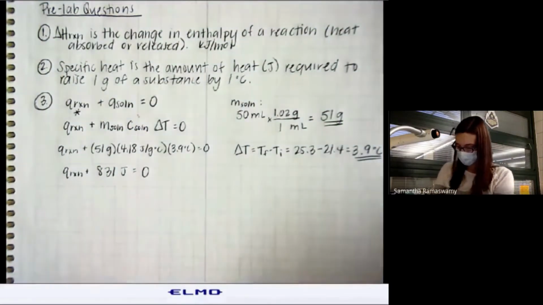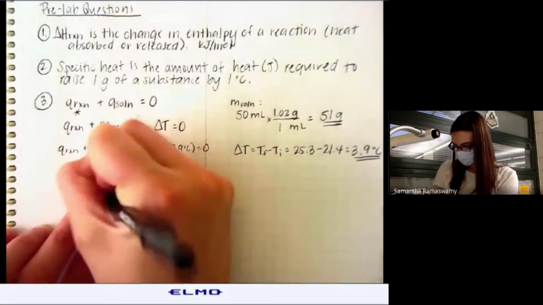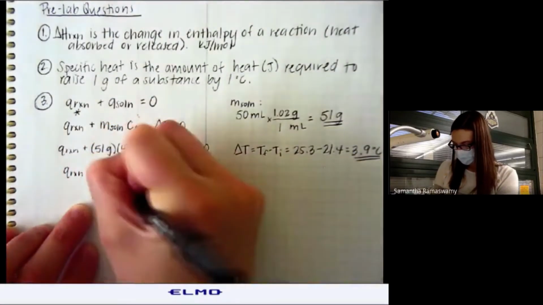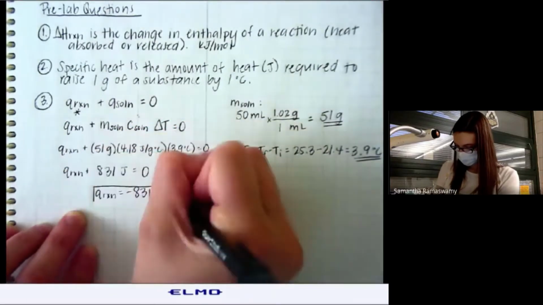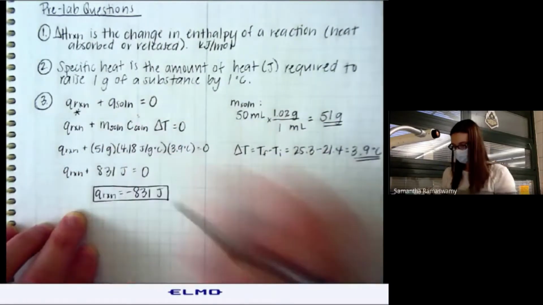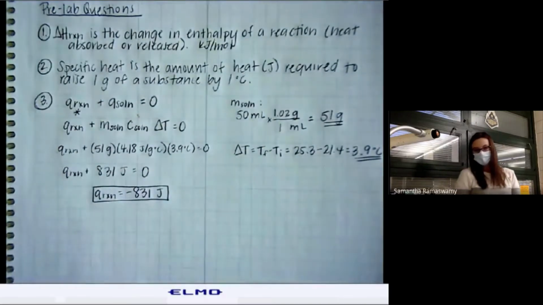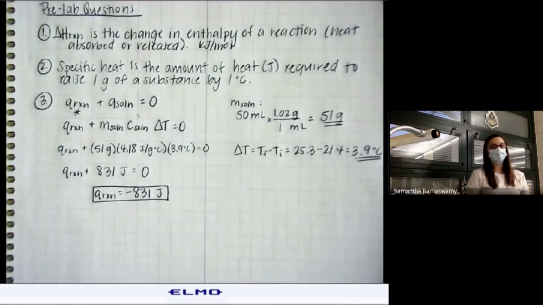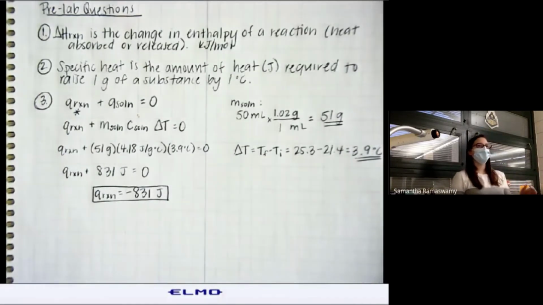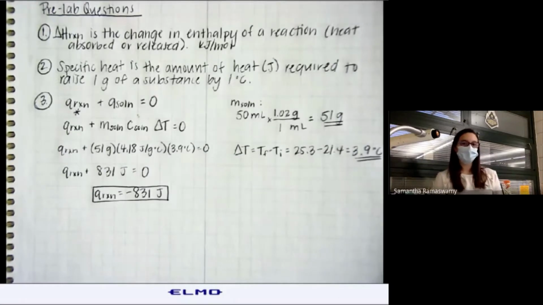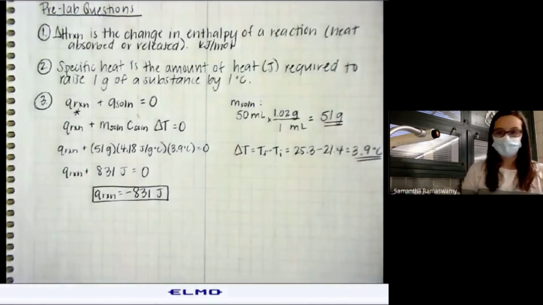So then to calculate Q reaction, we just move it to the other side. Negative 831 joules. Right, if you did negative 830 for 2 sig figs, that's fine as well. So this is using the idea of Q reaction plus Q solution equals 0, plugging everything in.